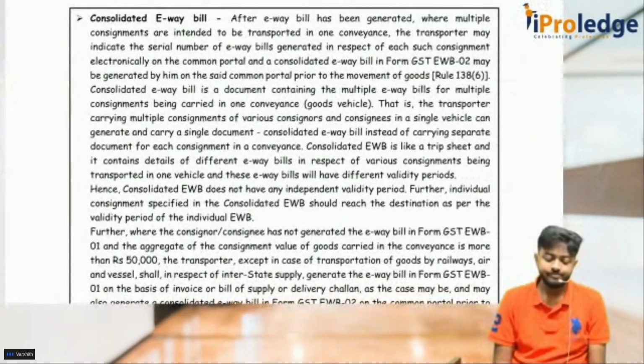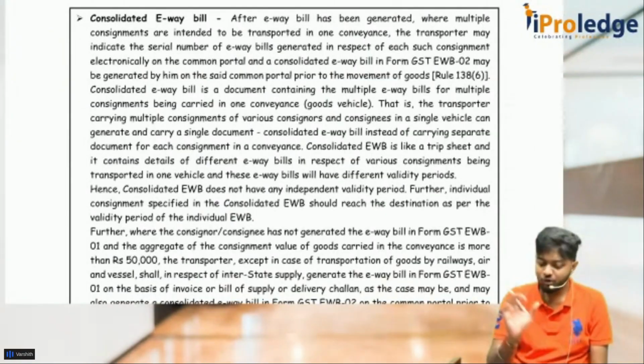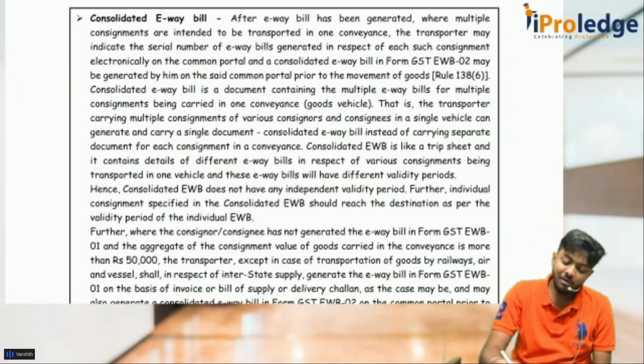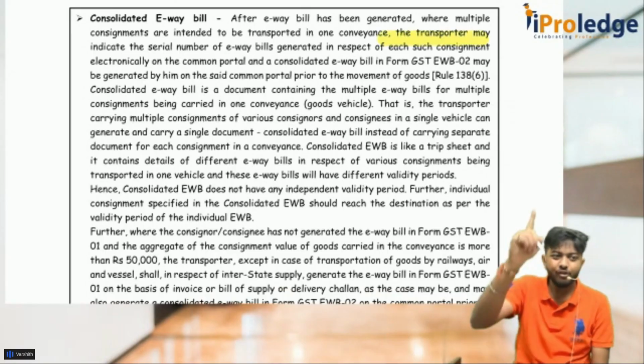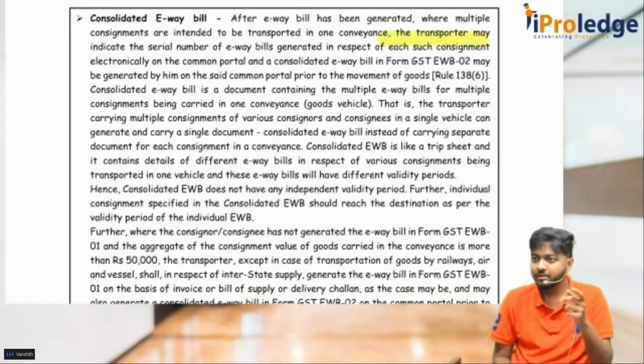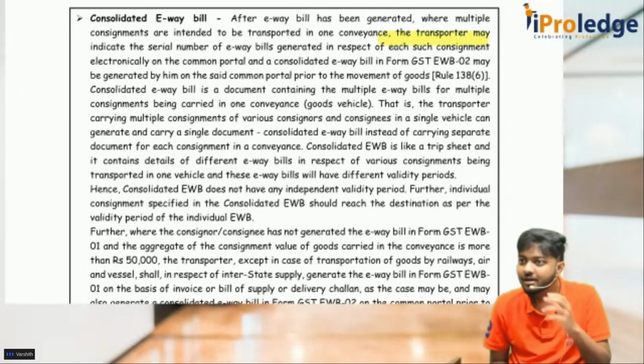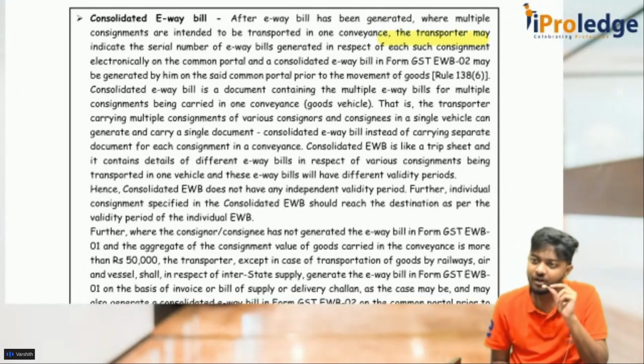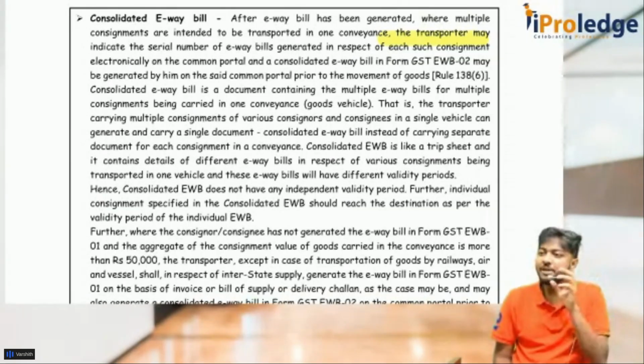Consolidated e-way bill. This is not available for everyone, only for some people. After the e-way bill has been generated, for the transporter, one thing we told, if you remember: if the registered person is supposed to generate the e-way bill, he will generate it.